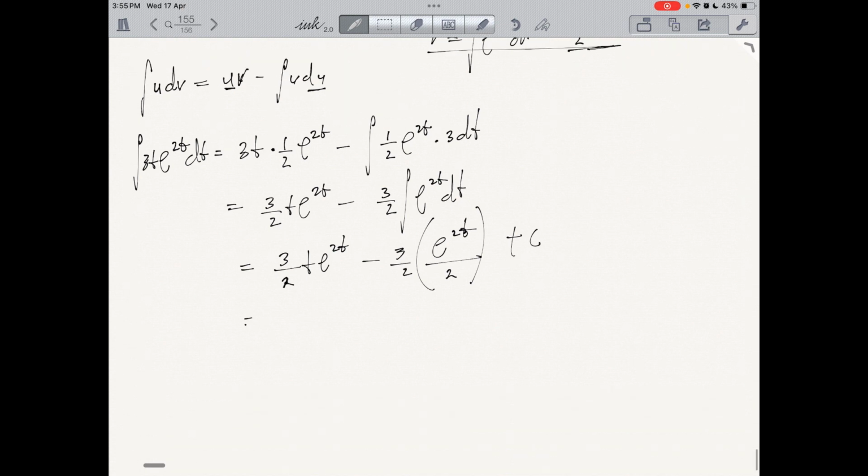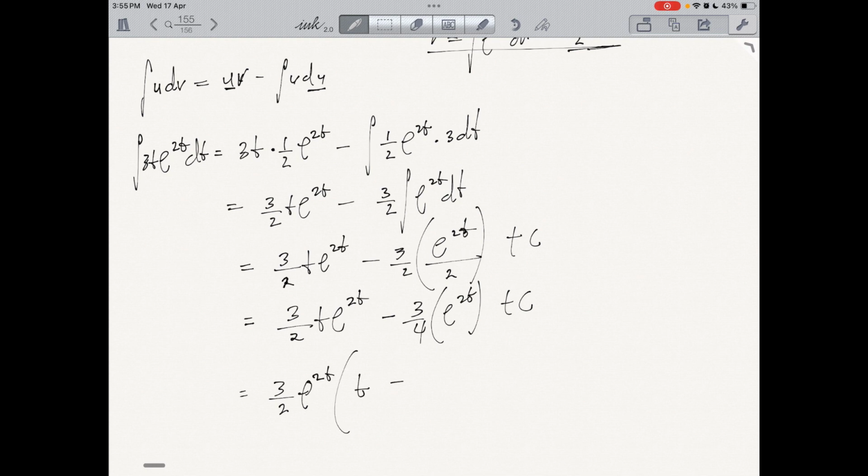So in conclusion, this will give us 3/2 t exponential 2t minus 3/4 exponential 2t plus c. Factorizing with 3/2 exponential 2t, we would have (t minus 1/2) plus c.